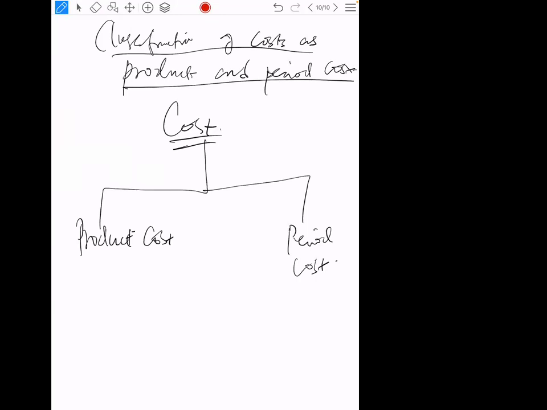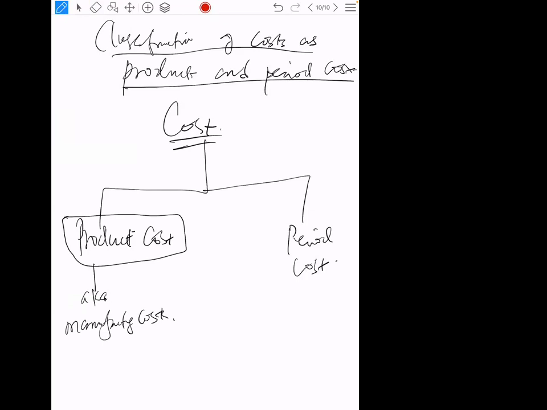Okay, so now if we are going to classify our cost as either product or period, how does this classification work? We have done this one, that these are also known as manufacturing cost.